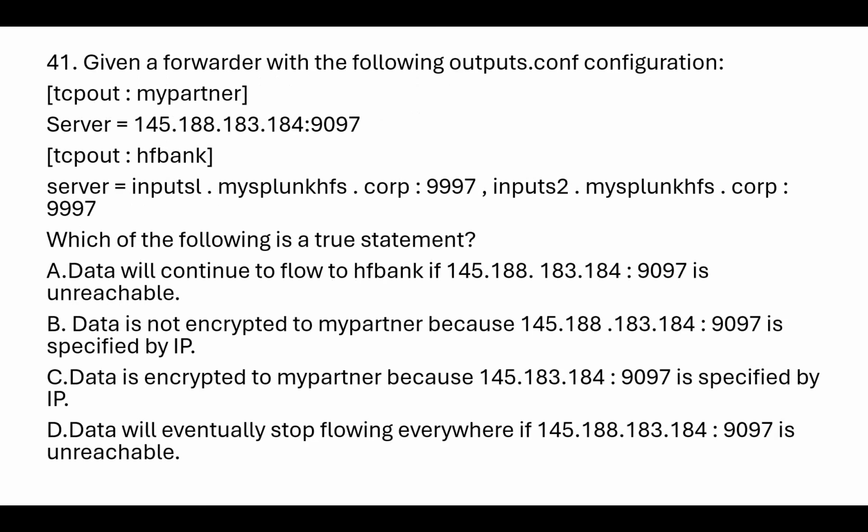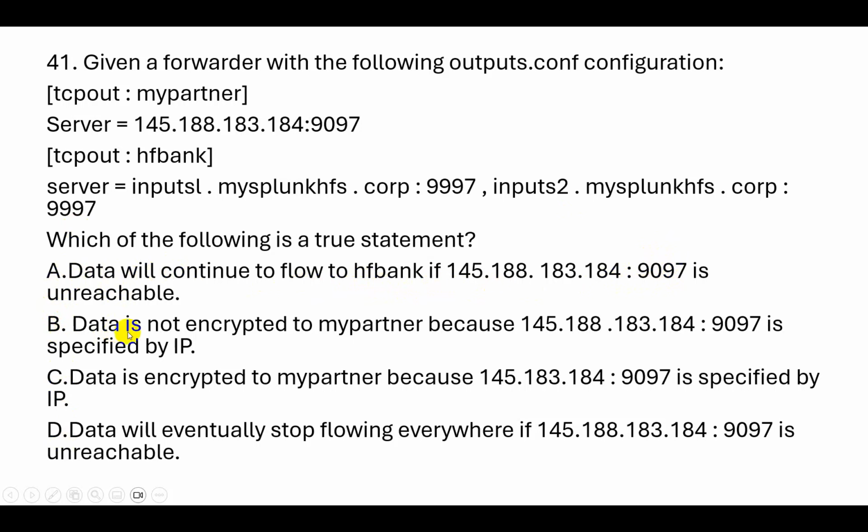Question number 41. Given a forwarder with the following outputs.conf configuration, there is a stanza tcpout://mypartner with server equal to an IP address on port 9097, and a stanza tcpout://hfbank with server equal to mySplunkHF domain on port 9997. And these are the possible options. Option A, data will continue to flow to the HF bank if the IP address and port is unreachable.